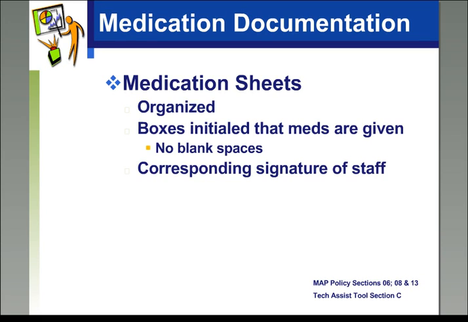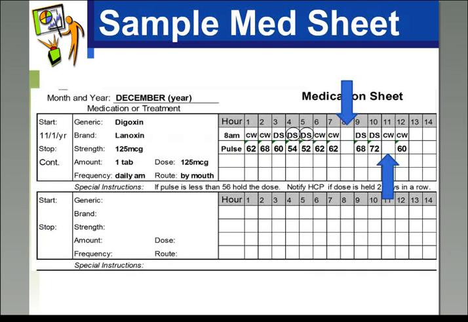You most likely have a system in place to routinely review med sheet documentation. When you're reviewing, if you notice a blank space, you should be questioning staff to see if the med was administered or not. Ideally, you want to encourage all staff initialing a med sheet who notice a blank space where there should be initials to contact you.